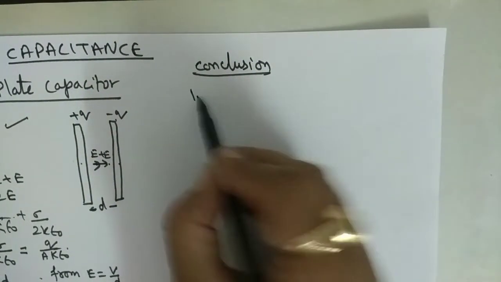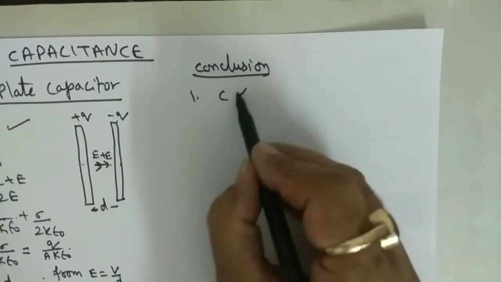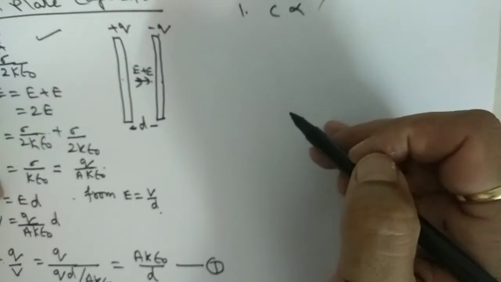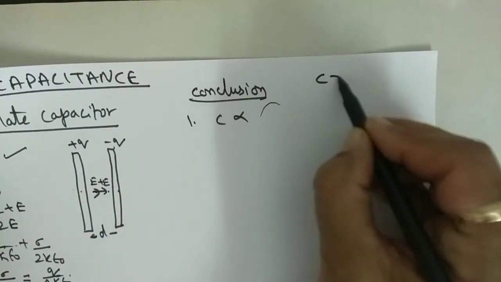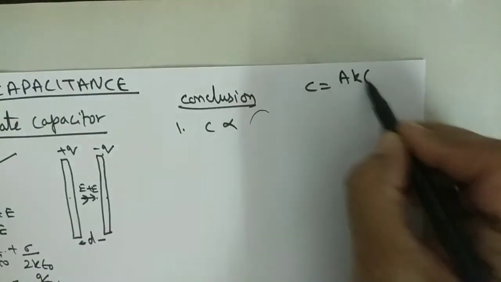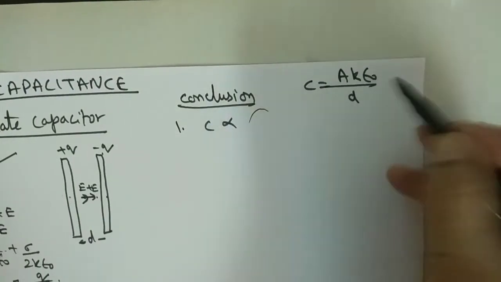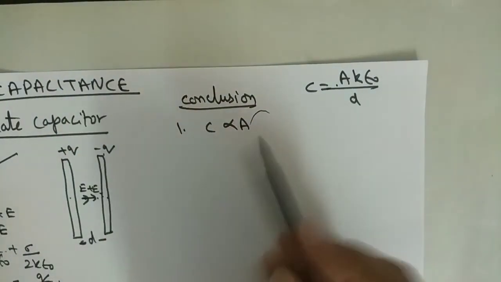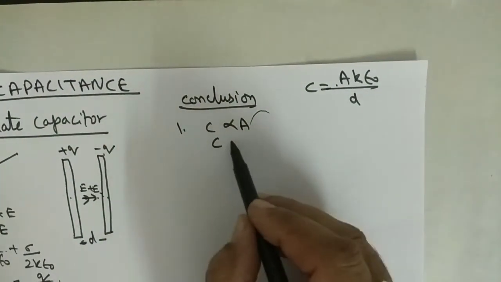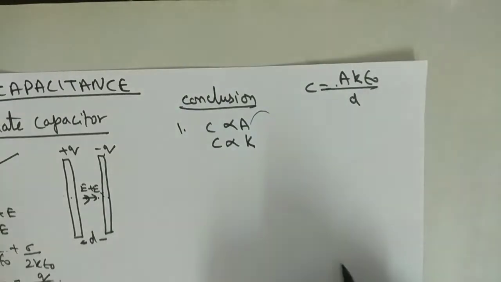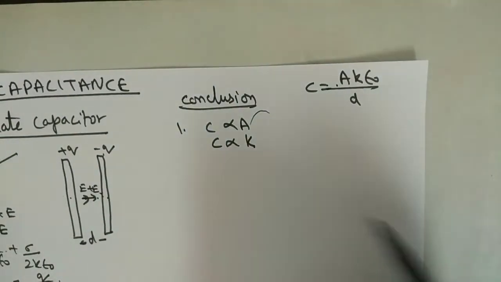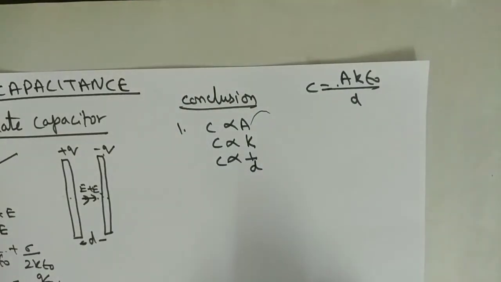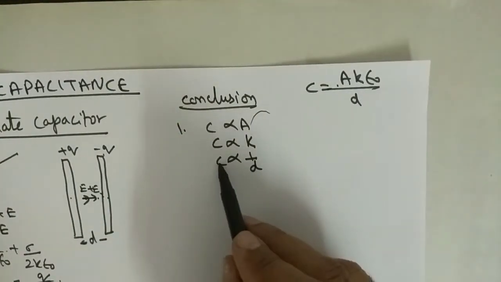First conclusion: C is equal to A k epsilon naught upon d, so C is directly proportional to the area of the plate, and C is directly proportional to the dielectric constant of the dielectric material, and C is inversely proportional to d.